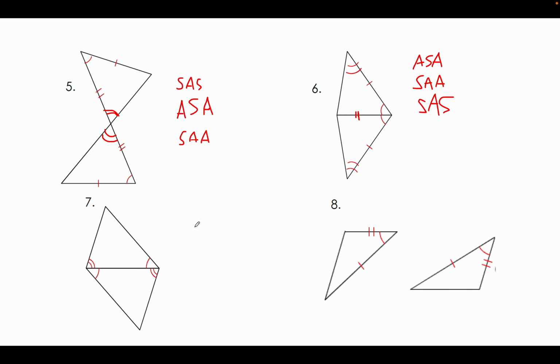Number 7. At first glance, it seems that the information is not enough. The information is insufficient. However, try to look at the figure carefully. Is there additional information we could have aside from the two angles? There is a congruent side, sir.